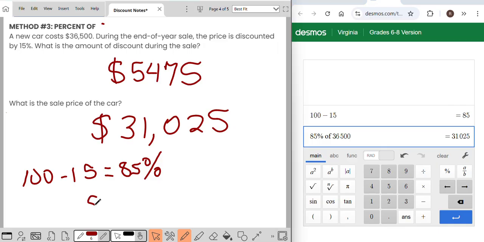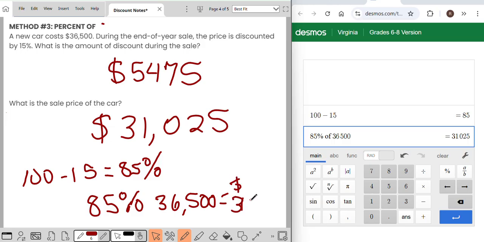So you could also do 85% of 36,500, and you would also get the sale price of 31,025. All right. Now I'm going to go ahead to method number 4.